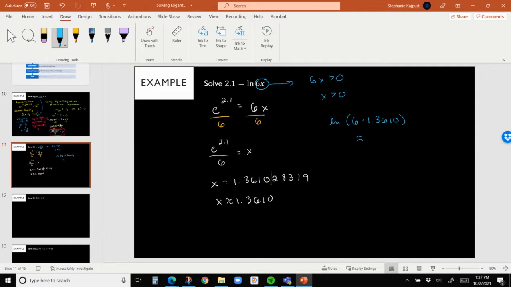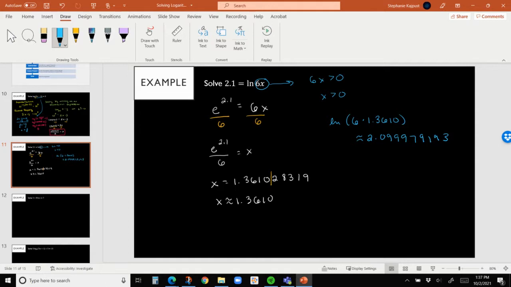So you're going to do that on your calculator, and most calculators have a natural log button. And so that gives me 2.0999799193. Now notice that's not exactly 2.1, because we're checking. We have 2.1 equals the natural log of 6x. We're checking, does this give us 2.1?